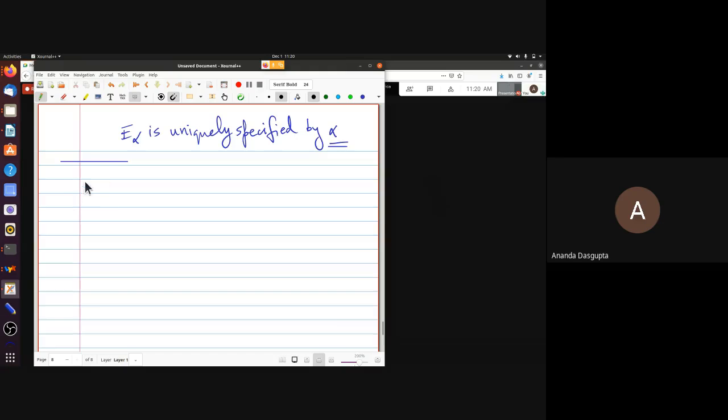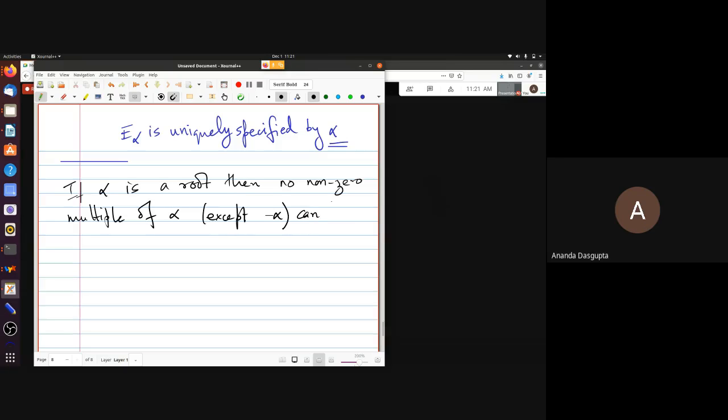Now, this is another immediate consequence which you get: if alpha is a root, then no non-zero multiple of alpha except minus alpha, which we already know is a root, can be a root.